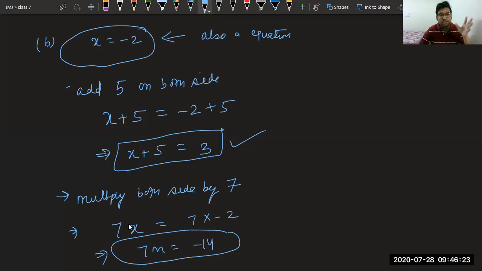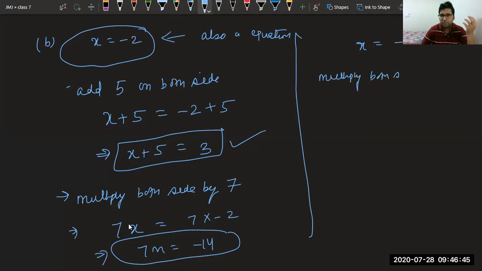Yes, beta, others are forming very good equations. They are using both multiplication and addition. So you can use either multiplication, or addition, or you can use both also. If you want to form a beautiful equation, you can use both also. Suppose I do like this. First I do multiplication, multiply both sides by 8.